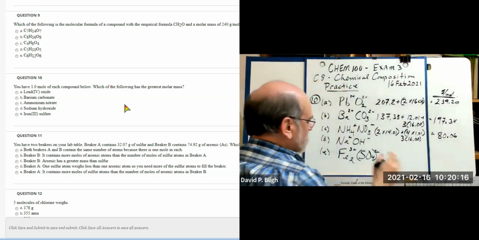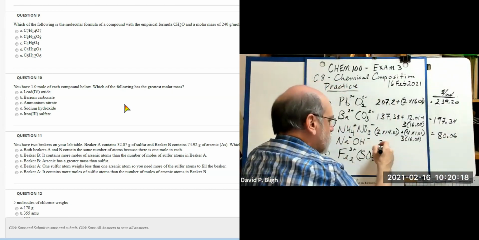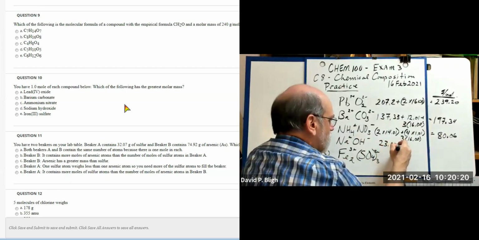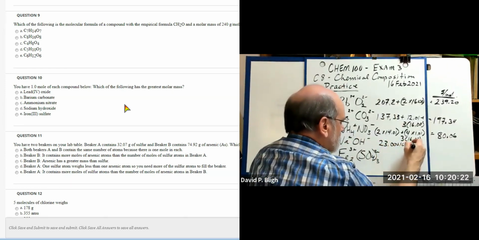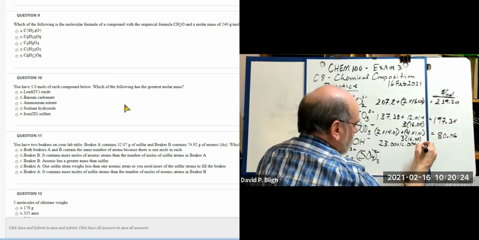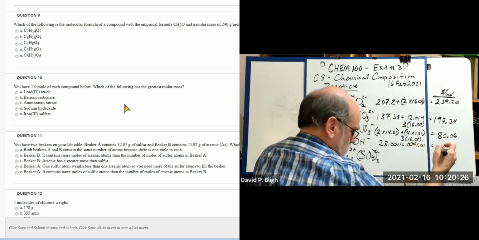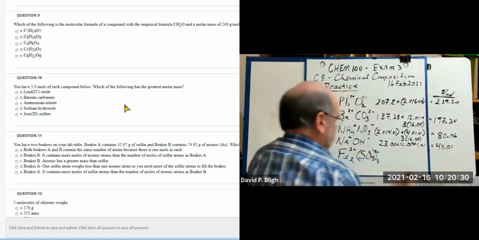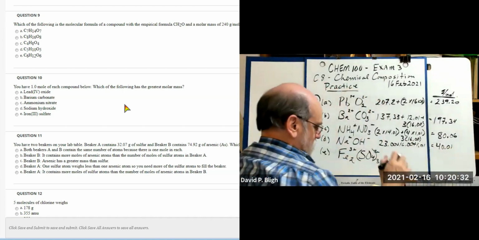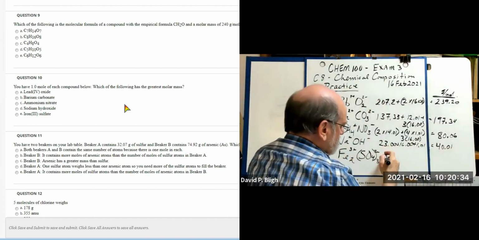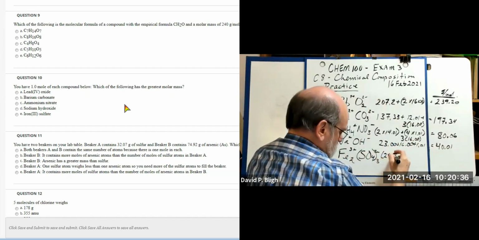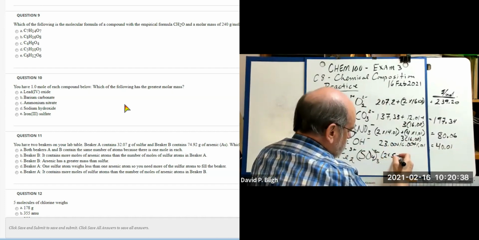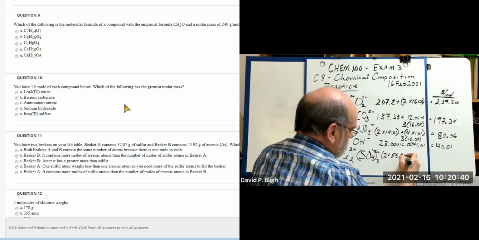Then sodium hydroxide is, sodium is 23, oxygen is 16, and hydrogen is 1.01, for a total of 40.01. And then iron, 2 irons, 55, 85.